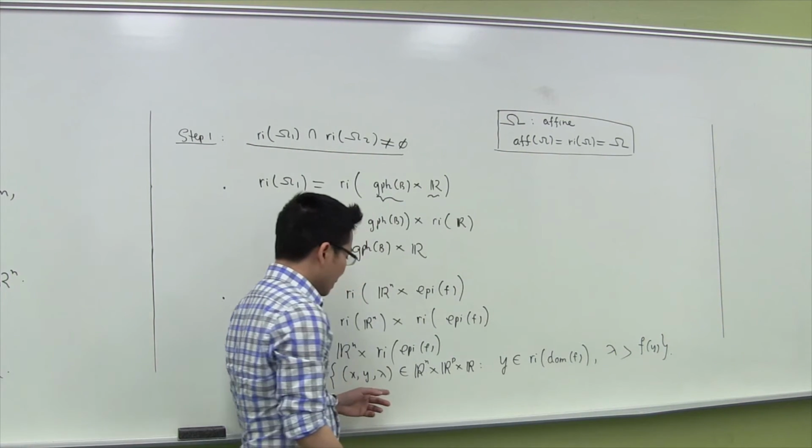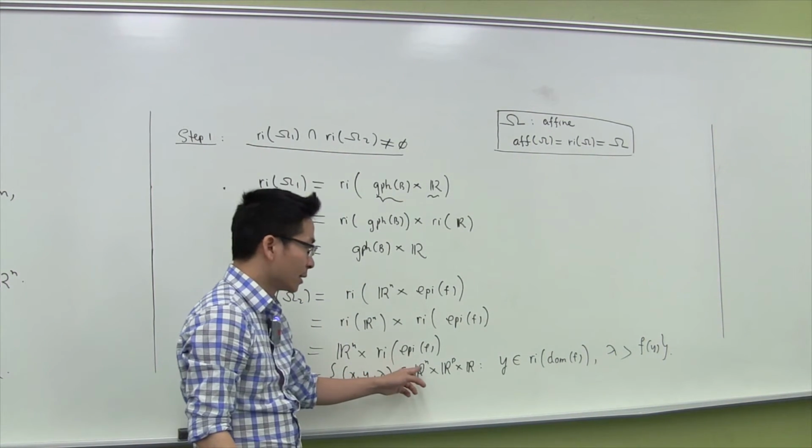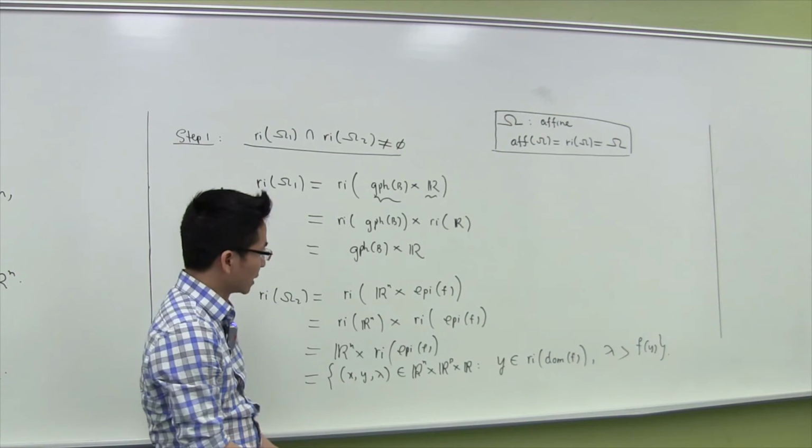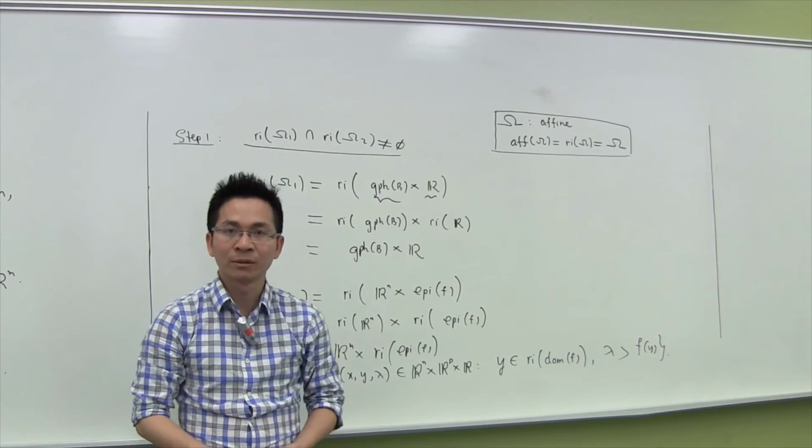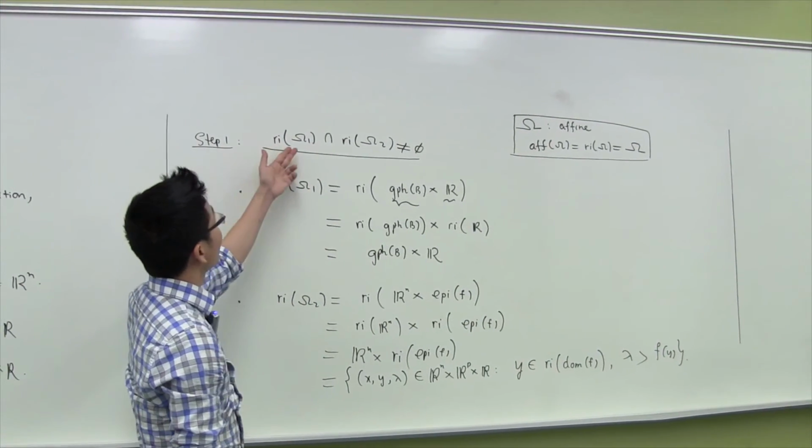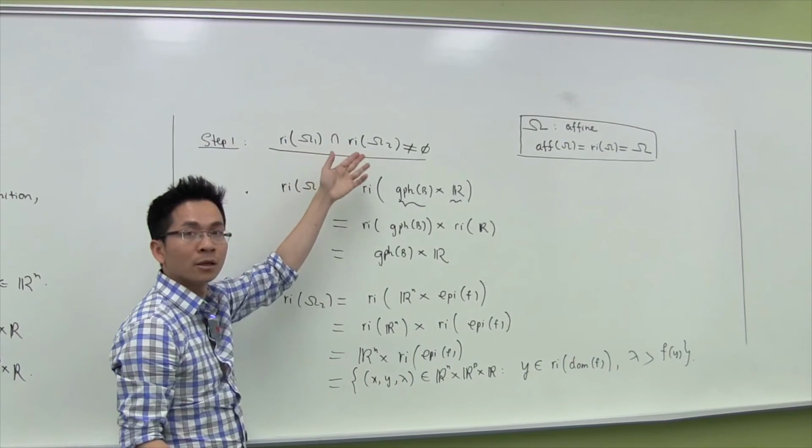Over here, x is any element of Rn. So now under the assumption made, let's go ahead and show that this is non-empty.